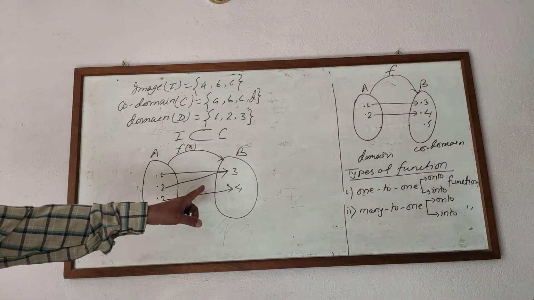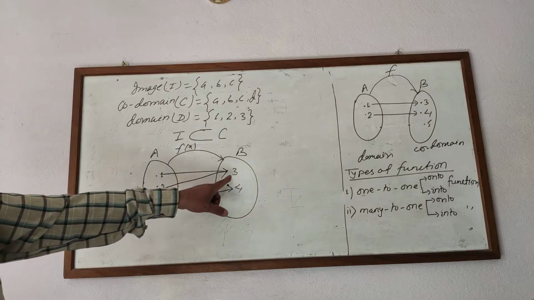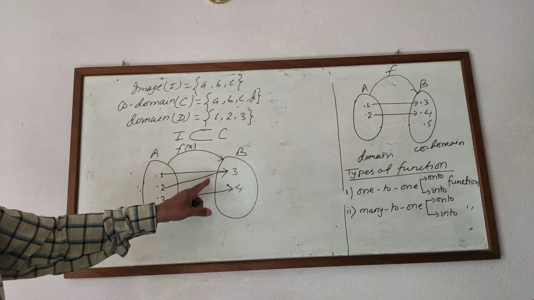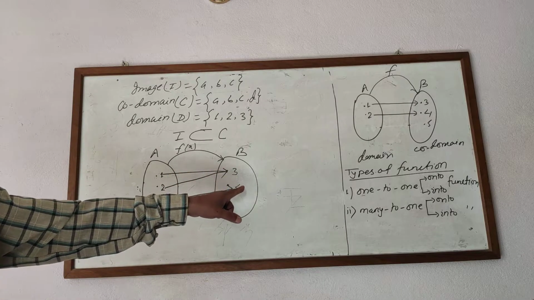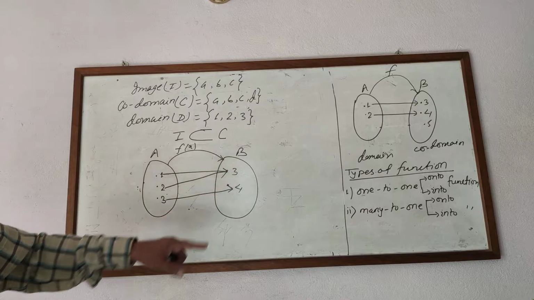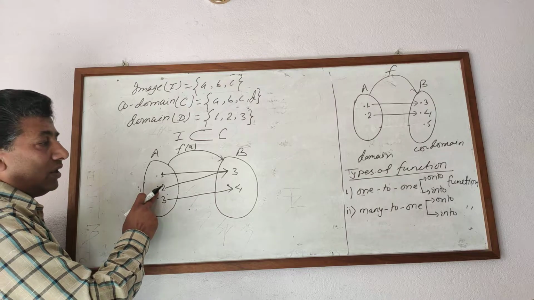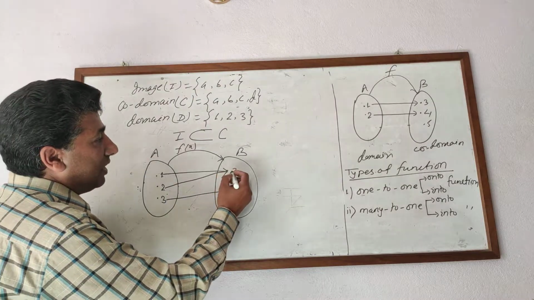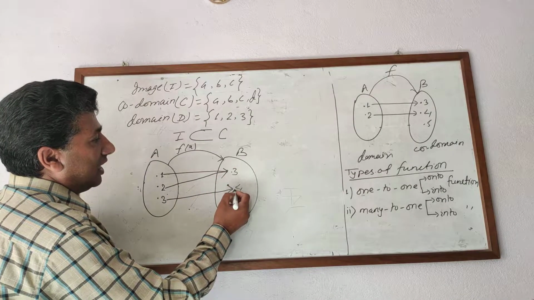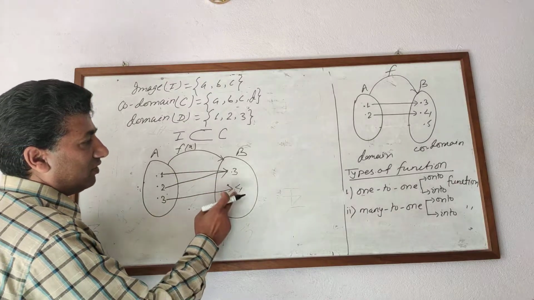Now in this case, many to 1, this is also a function. In this function, this 1 and 2 have their common image, that is 3, and this 3 has image 4.